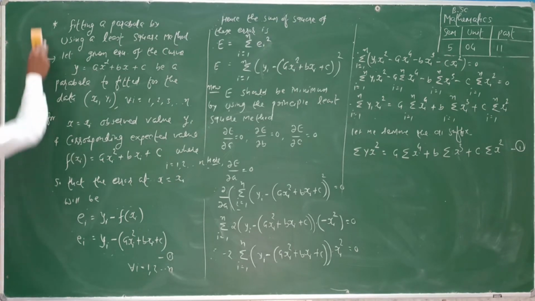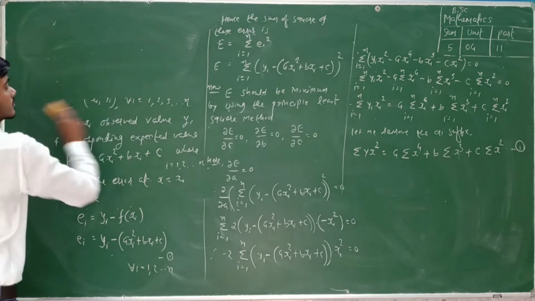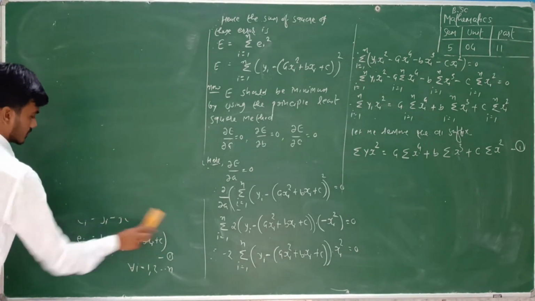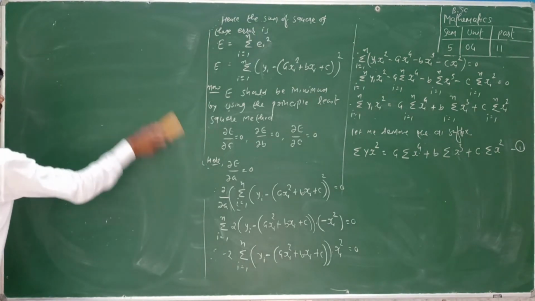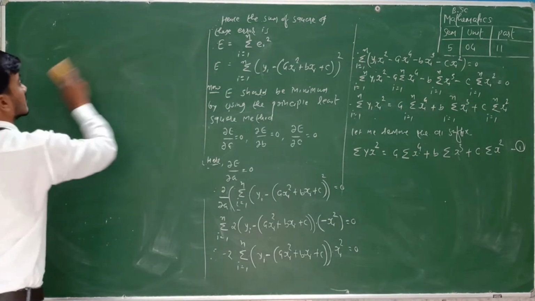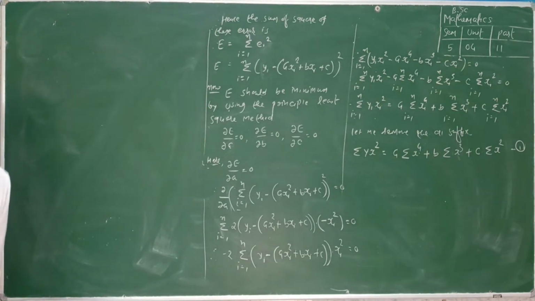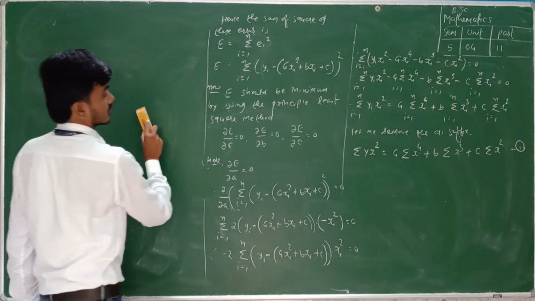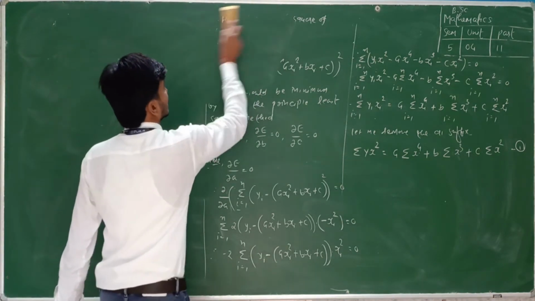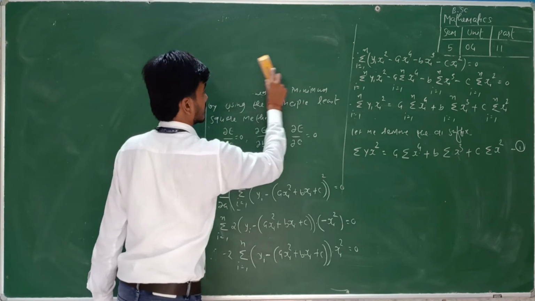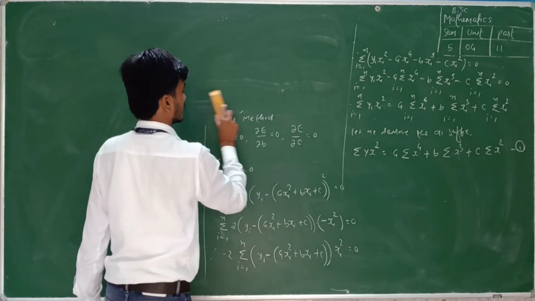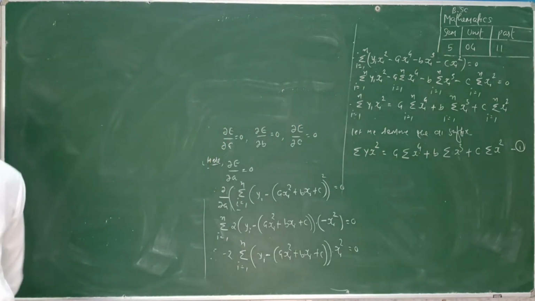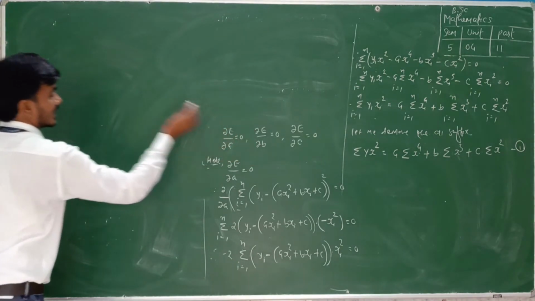Let us see del E by del B is equal to 0.